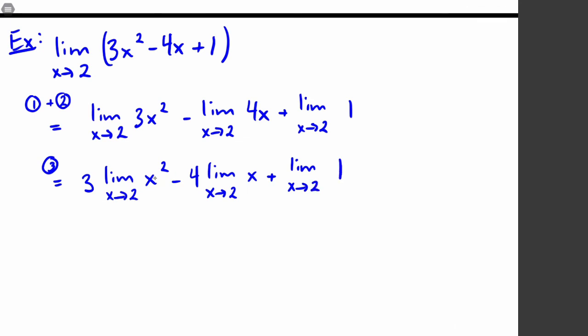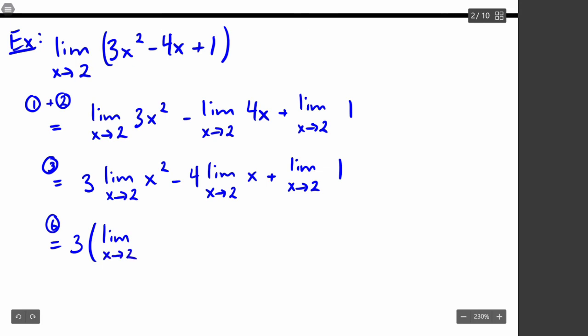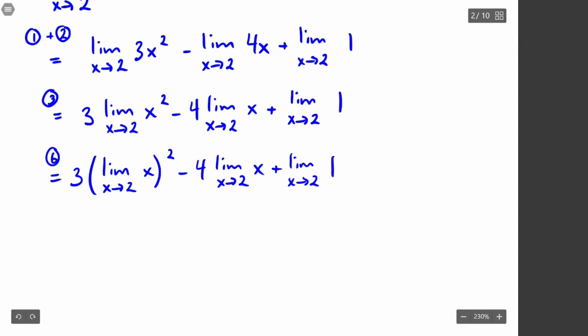And then one more property here, we're going to use property 6 to say this is 3 times the limit as x goes to 2 of x squared minus 4 times the limit as x goes to 2 of x plus the limit as x goes to 2 of 1. All right, let me put some parentheses here just for emphasis.